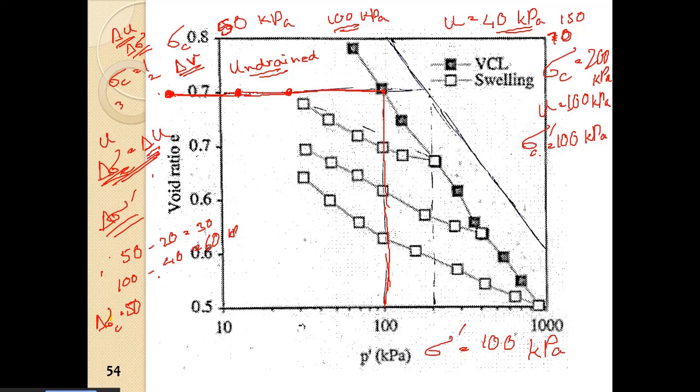And what about delta u? Delta u is equal to 40 minus 20, we have 20. So B is equal to 20 by 50, which is less than 1.